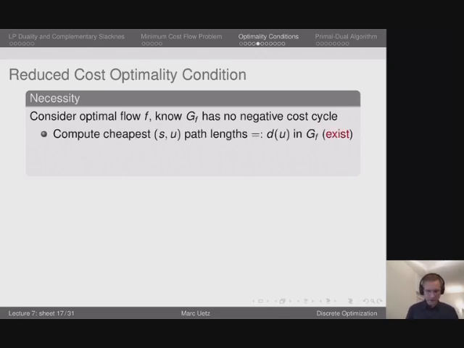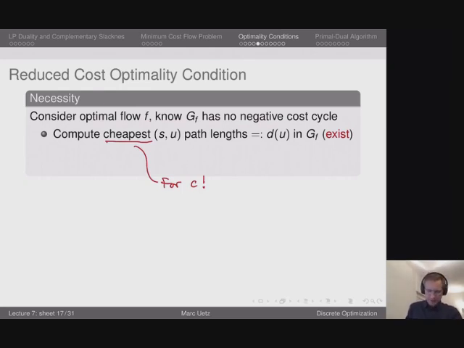So let's do that. We compute shortest, I call them cheapest paths here, from the source node to all the other nodes U. The cheapest path lengths are denoted by D of U, and they exist because our assumption is that there is no negative cost cycle. Cheapest here really means with respect to the original cost function.